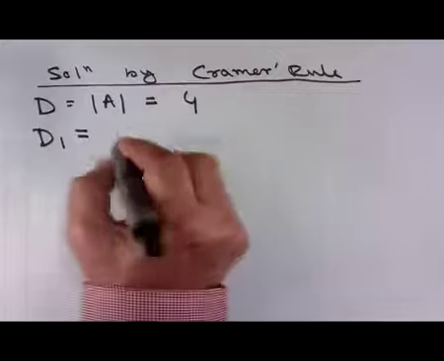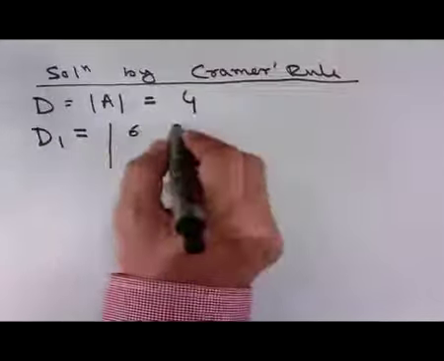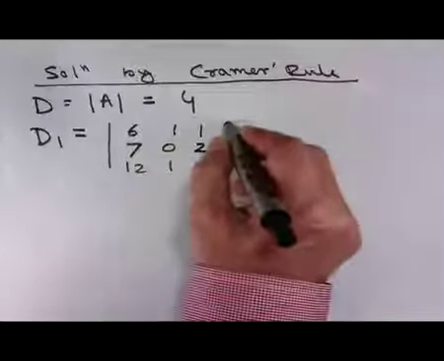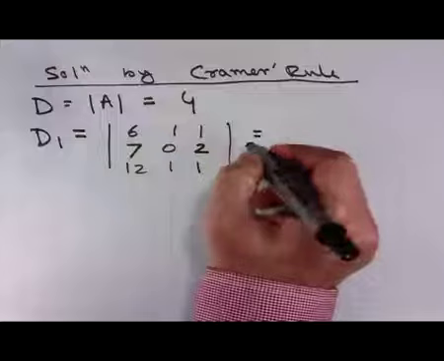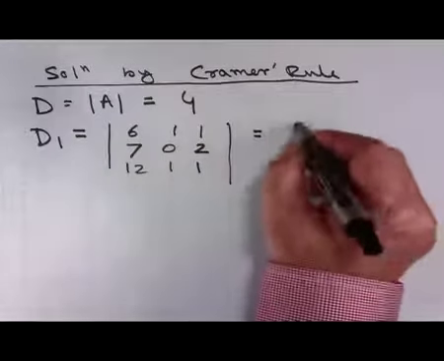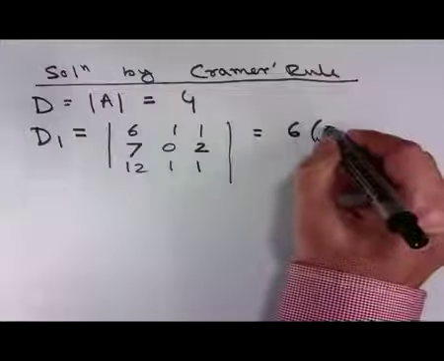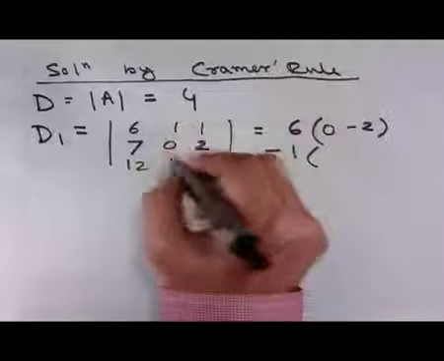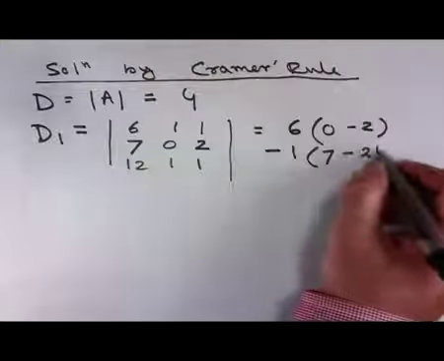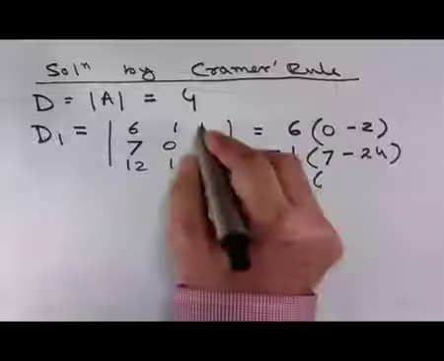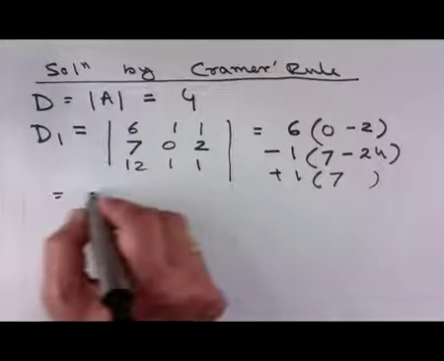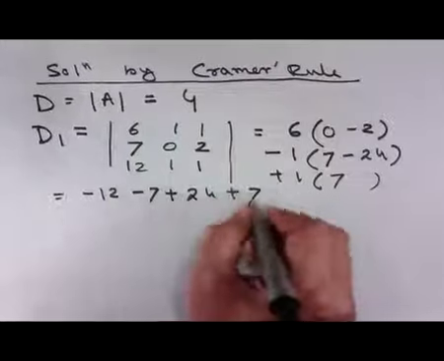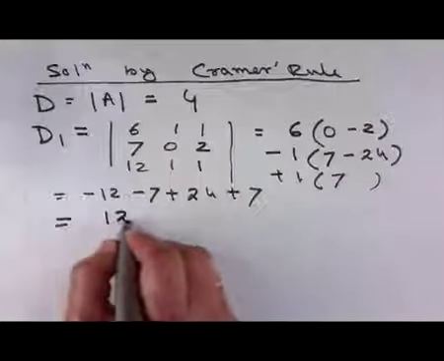D1 is equal to determinant of 6 1 1, 7 0 2, 12 1 1, is equal to 6 into 0 minus 2, minus 1 into 7 minus 24, plus 1 into 7, is equal to minus 12 minus 7 plus 24 plus 7, is equal to 12.